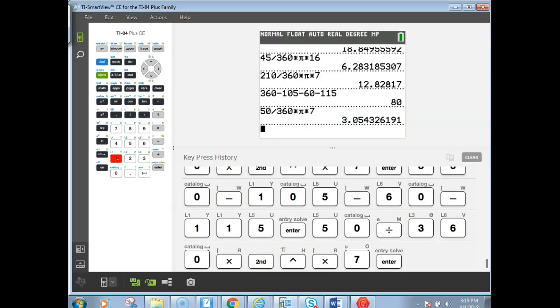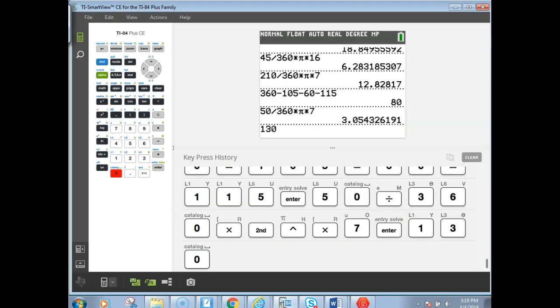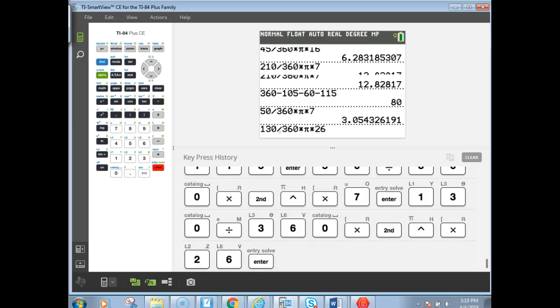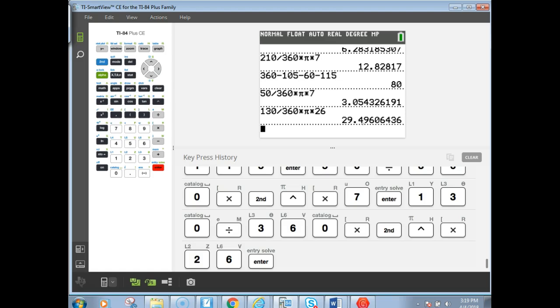So 130 out of 360 times pi times 26. You should have had 29 point... Oh, how do you round that? I've been discussing that one today. If you got 29.496, you are supposed to go to the hundredths place.